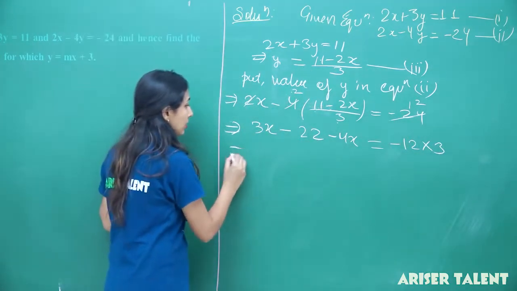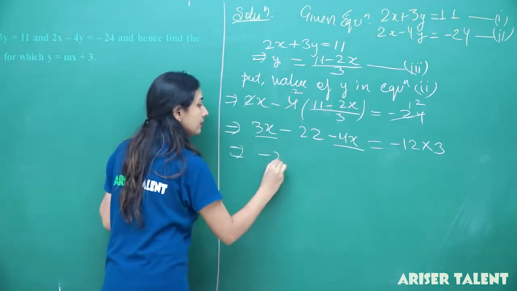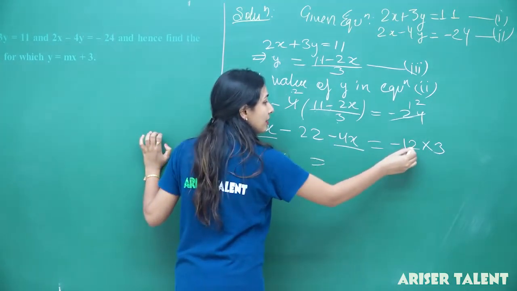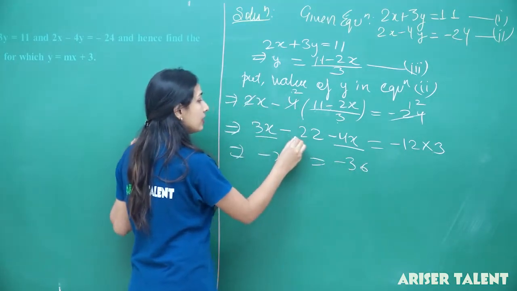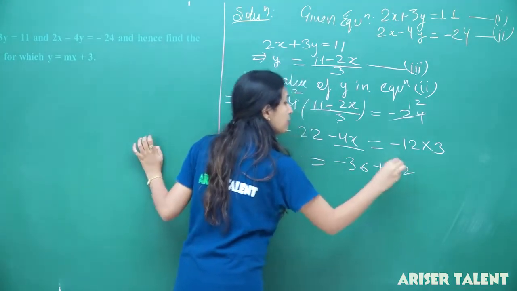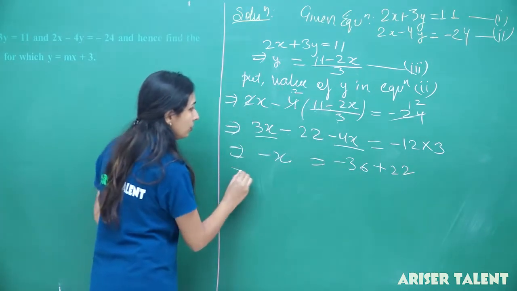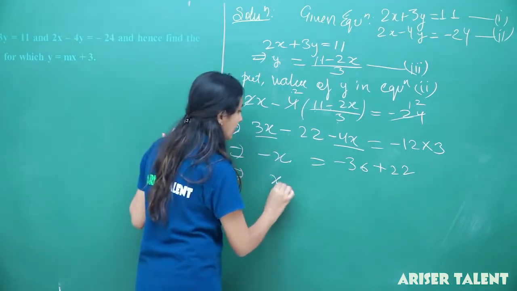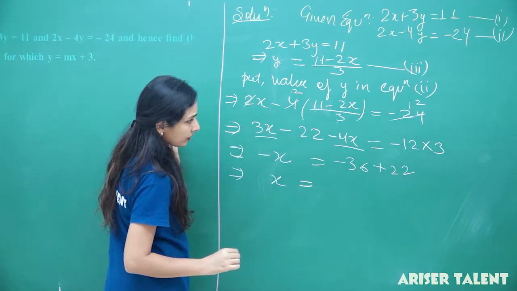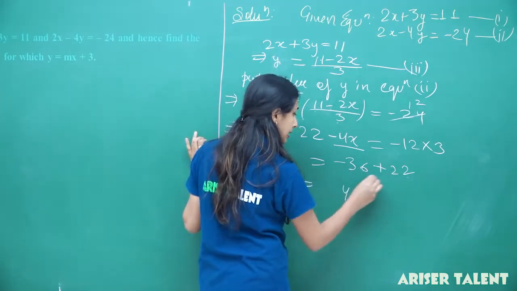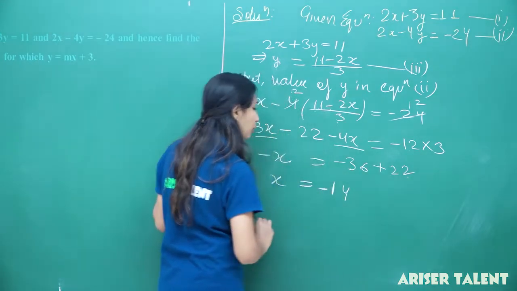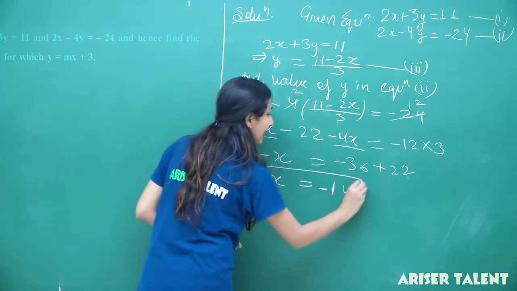Now that will be minus x, and that will be minus 36. Now this will become plus 22 here. So that will give you x equals to 4 and 1, minus of 14.